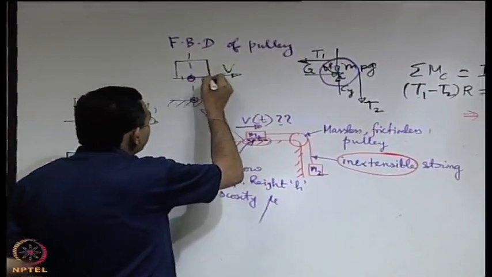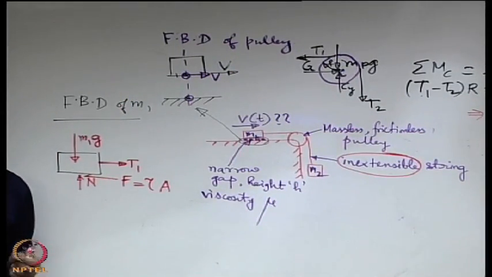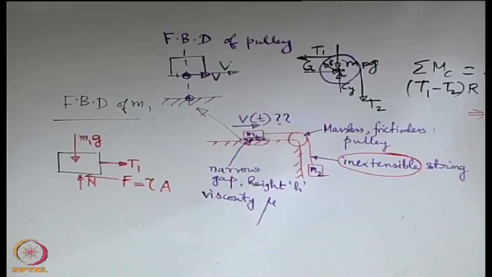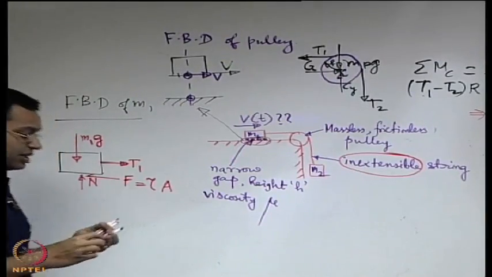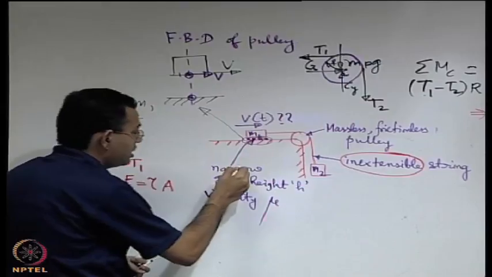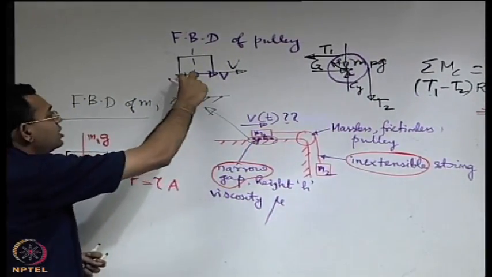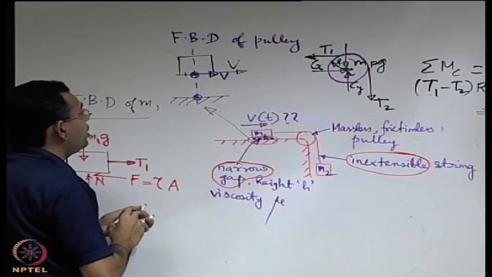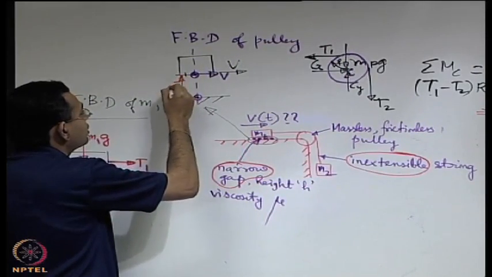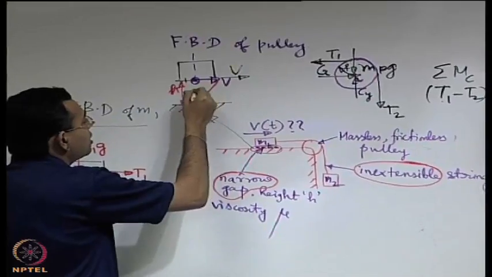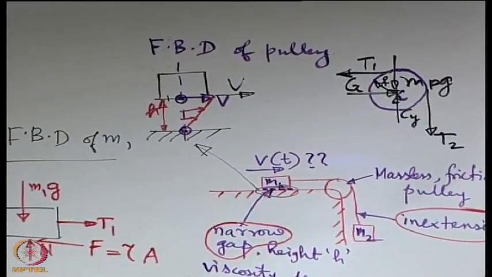So, no slip boundary condition is not 0 velocity of the fluid, but 0 relative velocity. So, if the solid moves with that velocity, fluid will also move with that same velocity. Now, see the catchword, again a very nice catchword, is there is a narrow gap. So, narrow gap means this thickness h is so small that this variation of velocity between 0 to v may be assumed as linear.